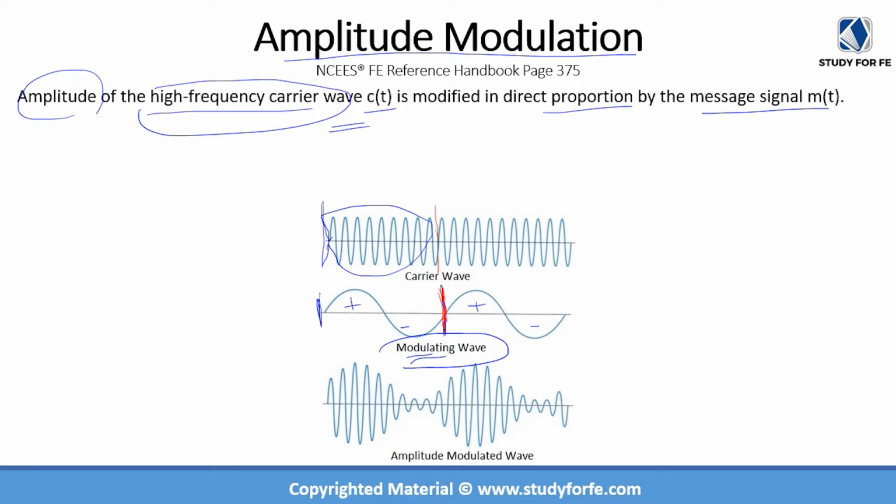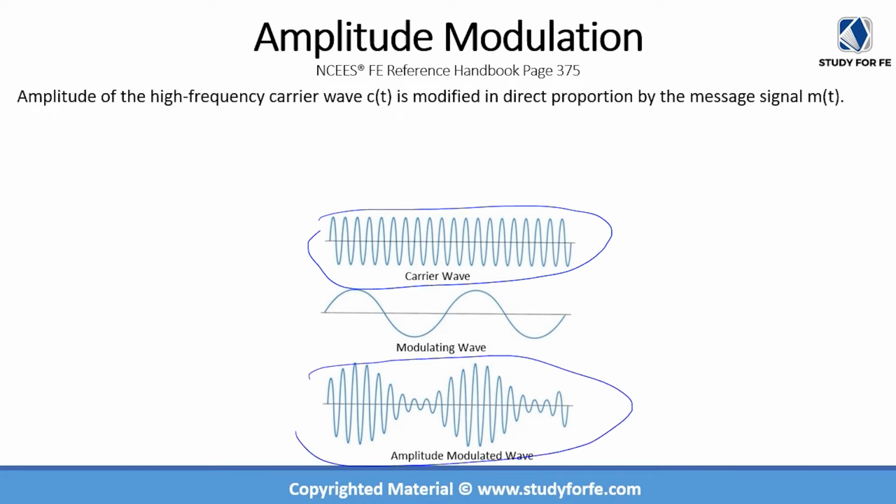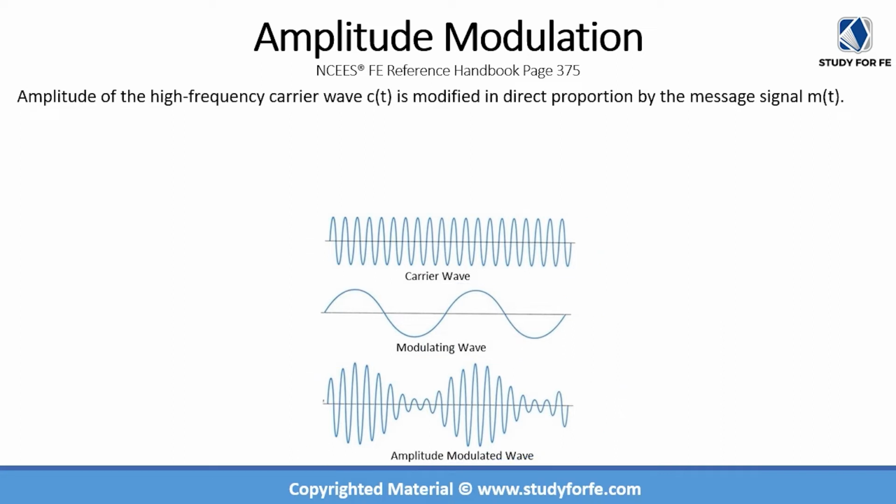So what does the original message signal do? How does it modulate the carrier? Just focus on this carrier wave, and then compare it to the modulated wave. You can see that the modulating wave, which is our message signal, has imposed itself on the carrier wave. If I were to trace the modulated wave, you can see that it makes the shape of the modulating wave. When the amplitude of the modulating wave is higher, the amplitude of the modulated wave is higher.